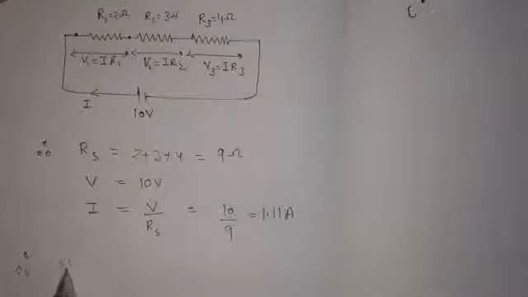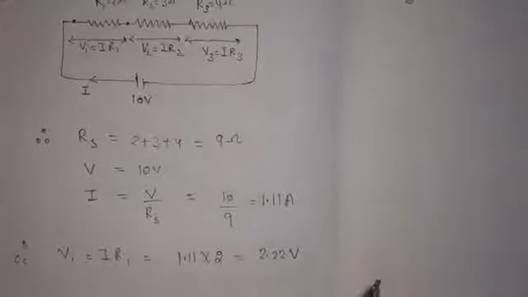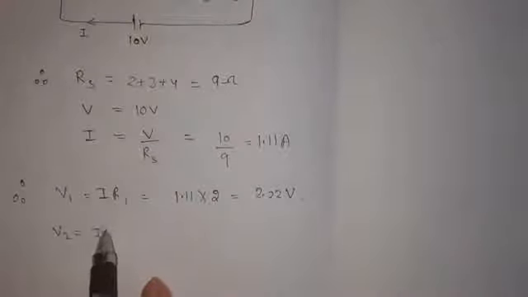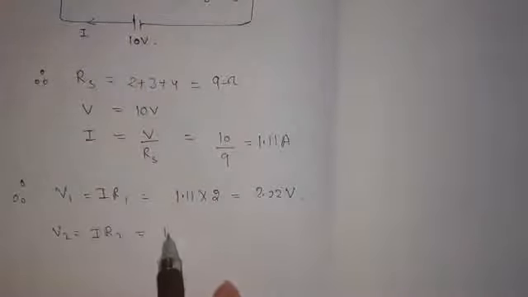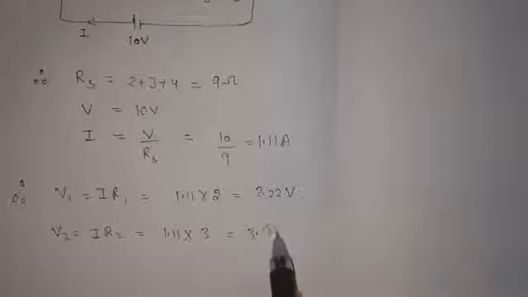Therefore, how much is V1? V1 is equal to IR1, which is 1.11 into 2, so it is 2.22 volt. Next, V2 is IR2, which is 1.11 into 3, which is 3.33 volt.